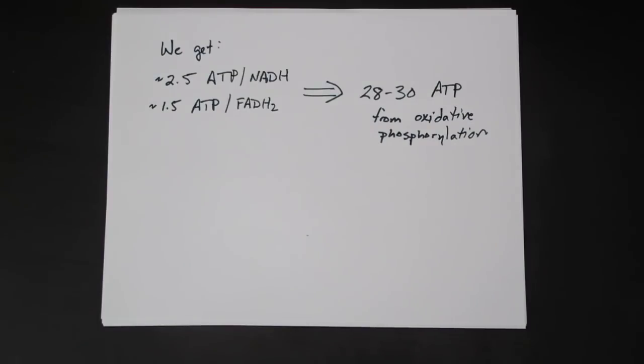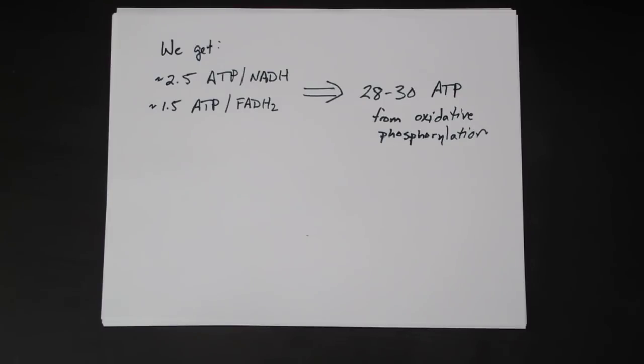If oxygen is not present to accept the electron at the end of the electron transport system, the process can't continue. If mitochondria aren't present, well, obviously this is where we find the enzymes for this process, and the process can't happen. And that's why aerobic respiration requires both oxygen and mitochondria.